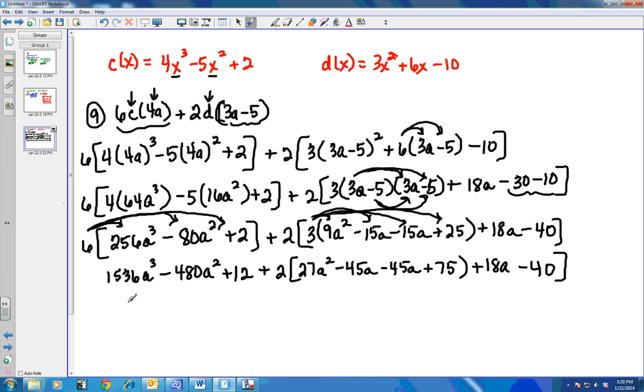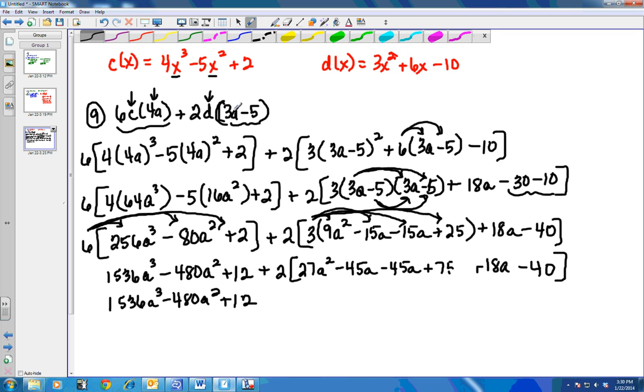So here, I still have this part: 1536a to the third minus 480a squared plus 12. Now I'm going to distribute my 2 to everything in here. I really don't need this parenthesis anymore. That's a plus, and that was a 75.